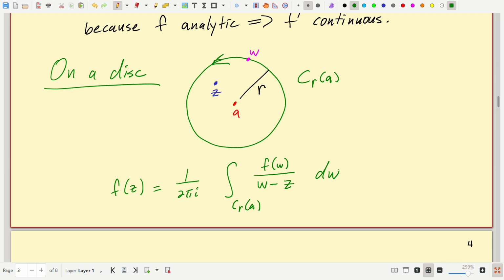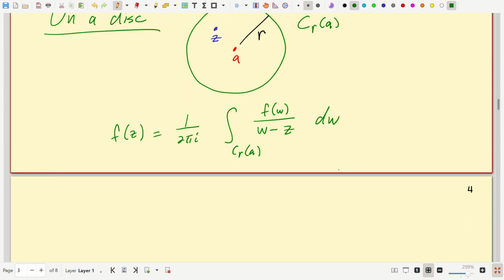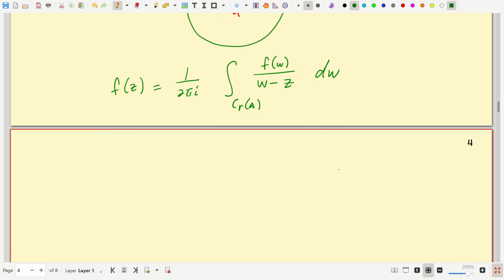I want to differentiate this with respect to z to see if I get a formula for f prime of z. So the plan: differentiate the Cauchy integral formula with respect to z.